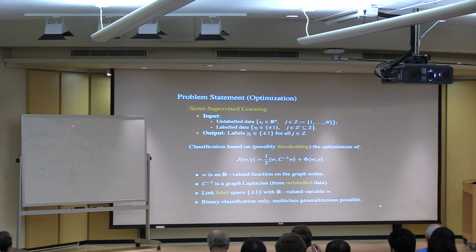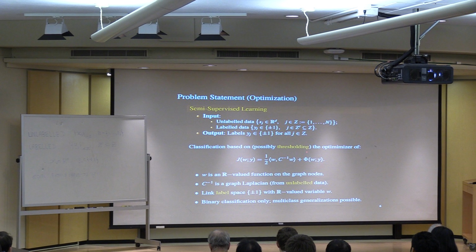This basic setup is written down over here. This is the unlabeled data, x_j, j in the set of integers Z, and the labeled data y_j in a subset Z prime.